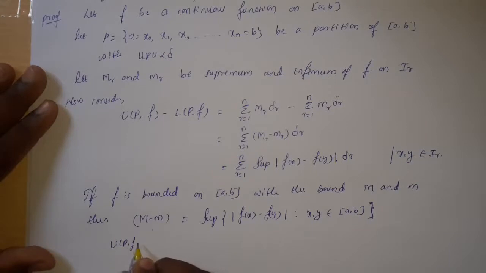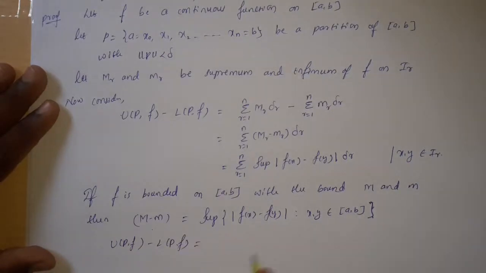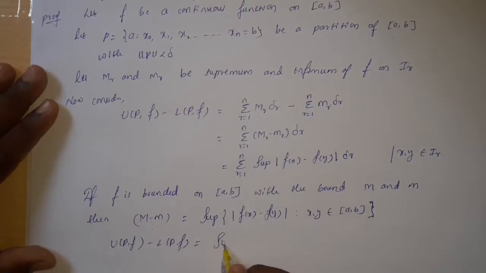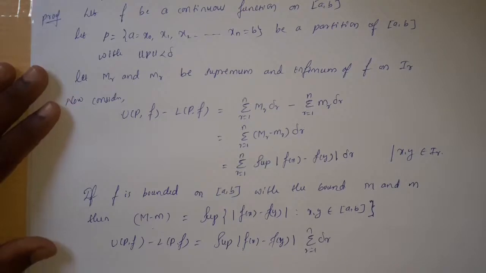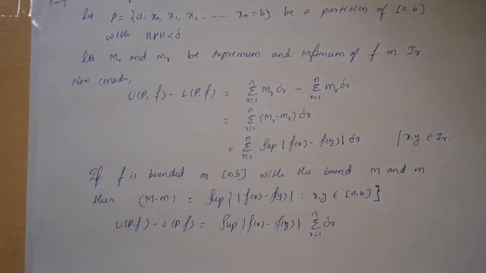Now, U(P, f) minus L(P, f) is equal to this supremum of |f(x) minus f(y)|, applying the summation of delta r, that is, summation over r = 1 to n of delta r.